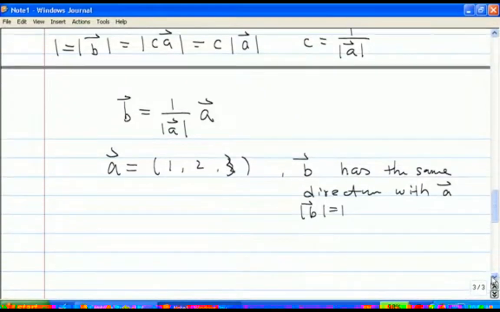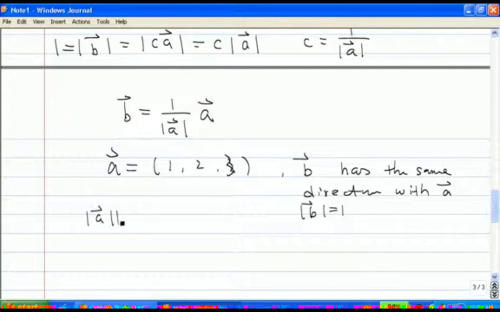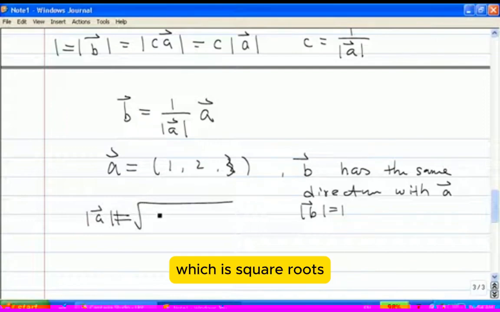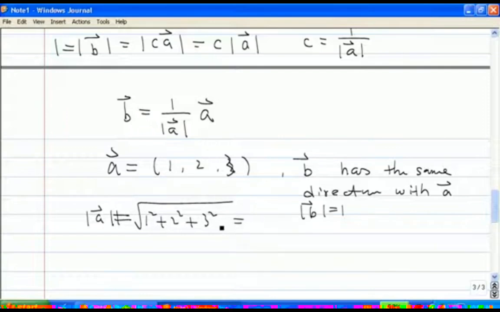How do you do that? First of all, you have to find the magnitude of A, which is the square root of 1 squared plus 2 squared plus 3 squared. That gives you 1 plus 4 plus 9, which is 14, right?